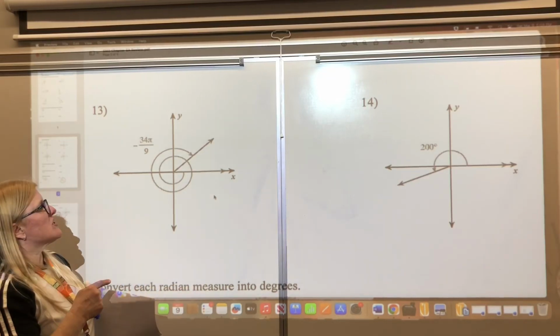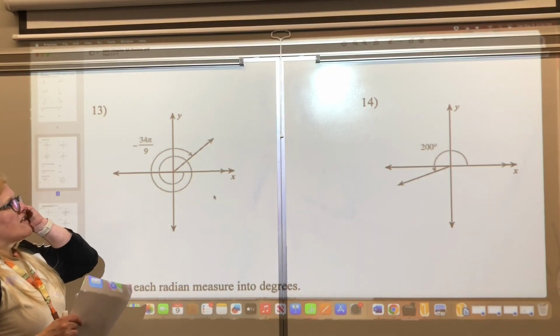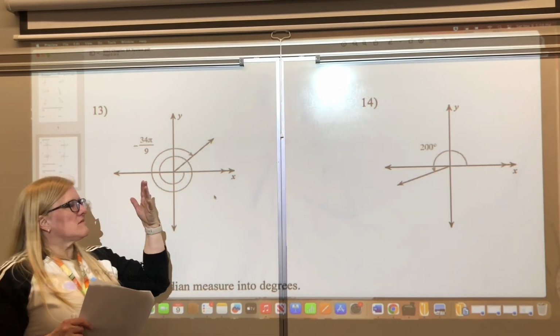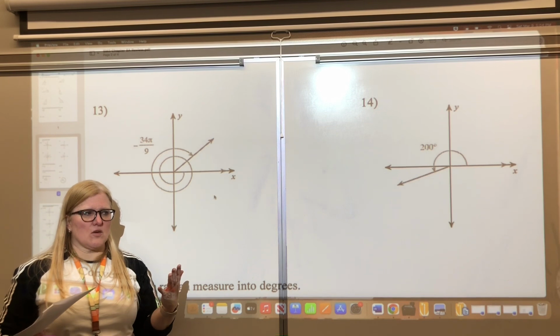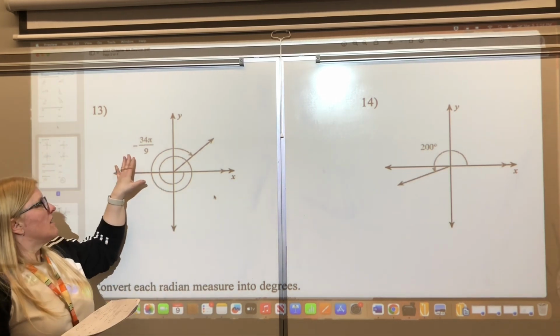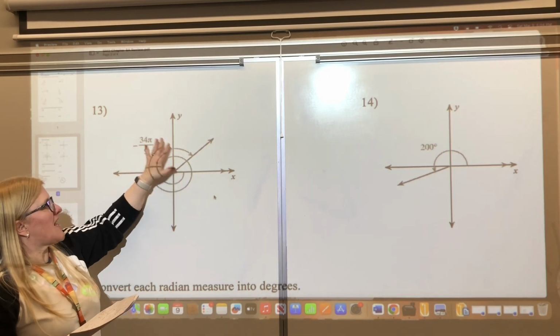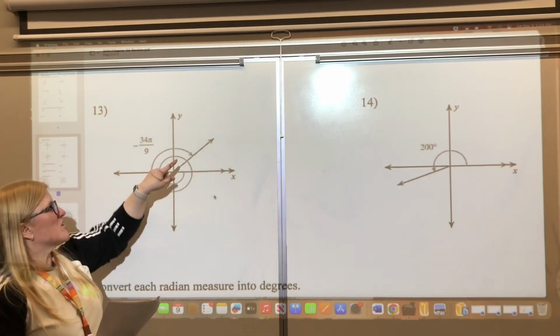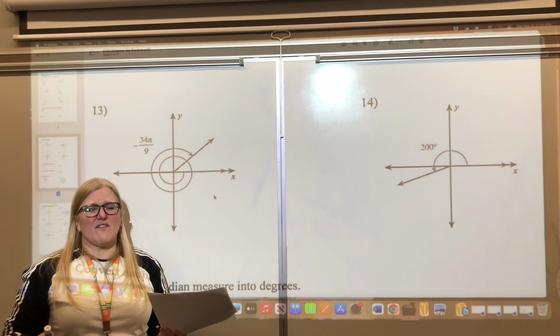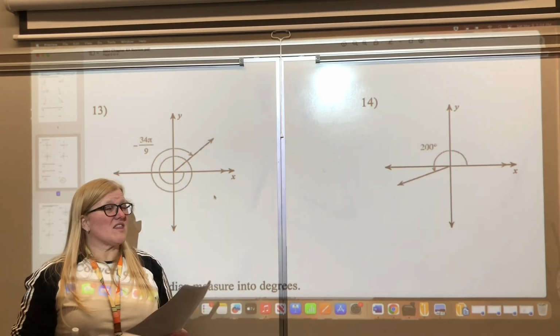In number 13, I have negative 3/4 pi over 9. Now we don't really deal with ninths of pi, so I'm not really sure exactly where this is. I'm actually going to undo it a couple of times here so I have a better idea of what I'm dealing with.